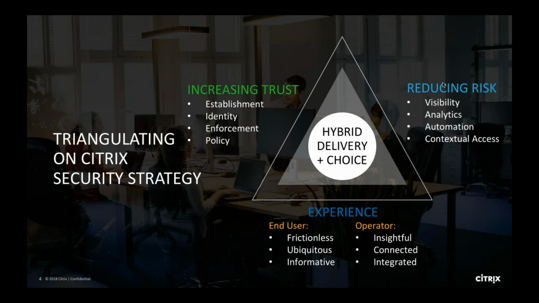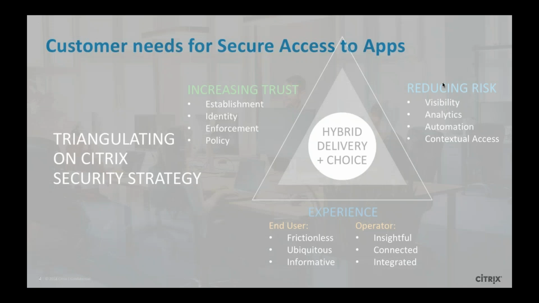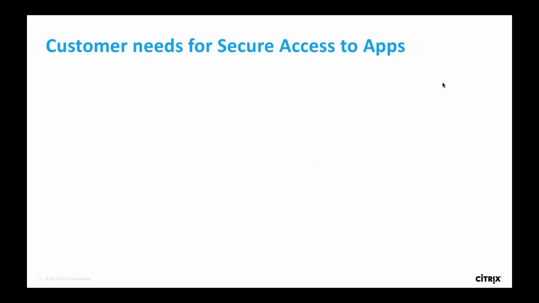What's important is that Citrix as a company is focused on enabling customers on their journey to the cloud in a hybrid mode. So it is absolutely critical for us that many of the capabilities we build allow our customers to make that transition and take that journey to the cloud, but also remember that they are in a hybrid deployment.